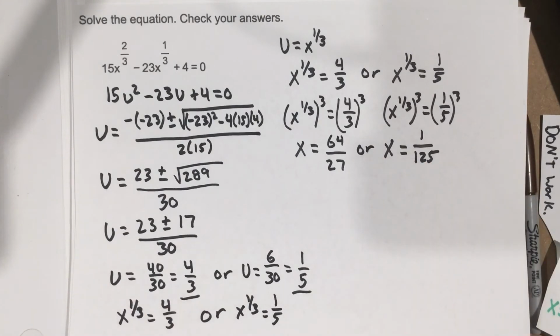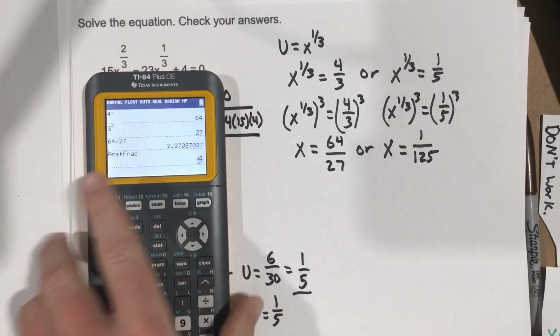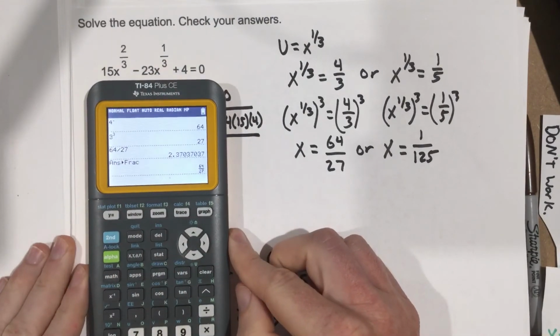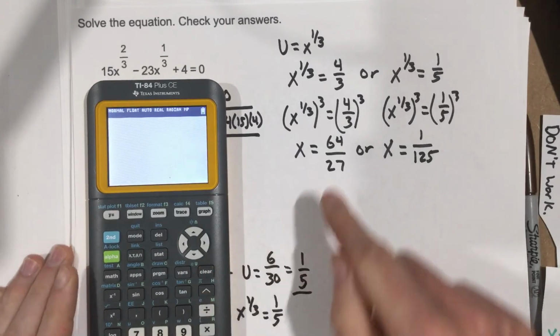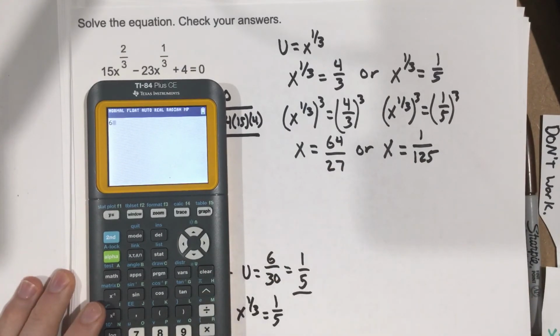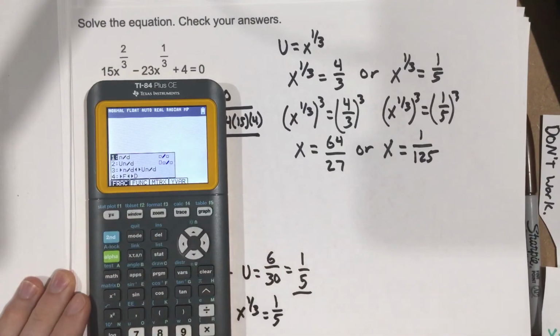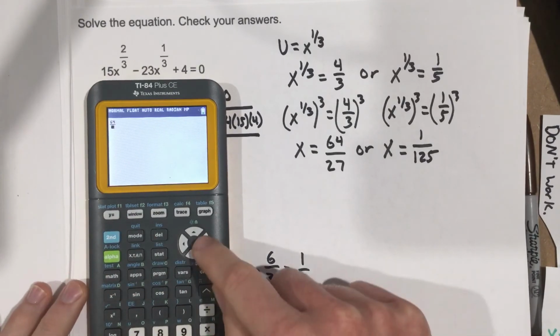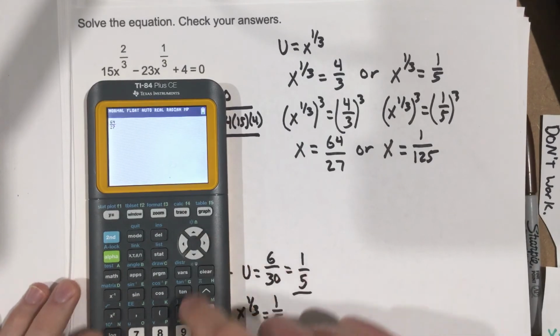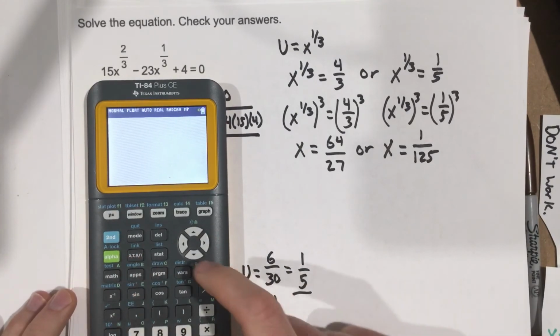Let's check them. And we can do this all in the calculator for the checking part. So I'm going to say 64, I'll use a fraction. So 64 over 27, store it as x.